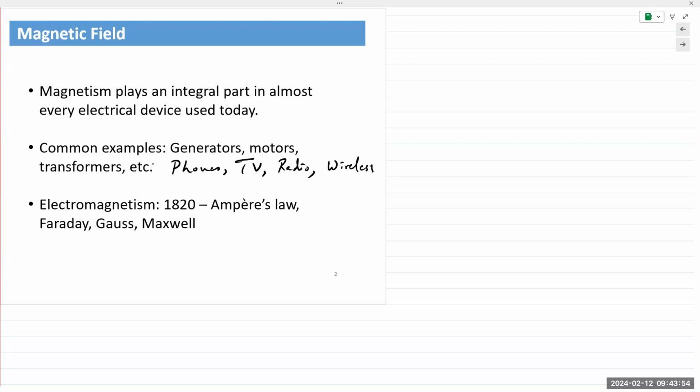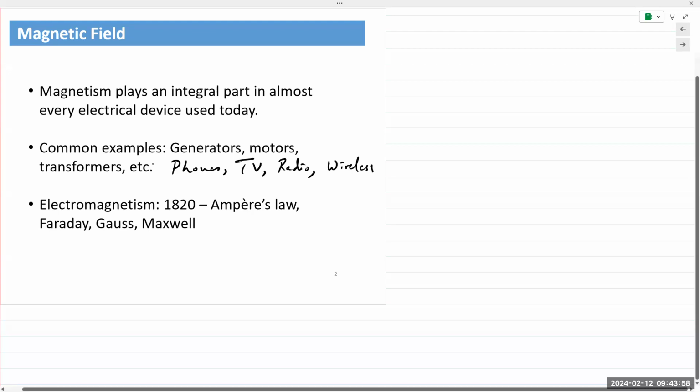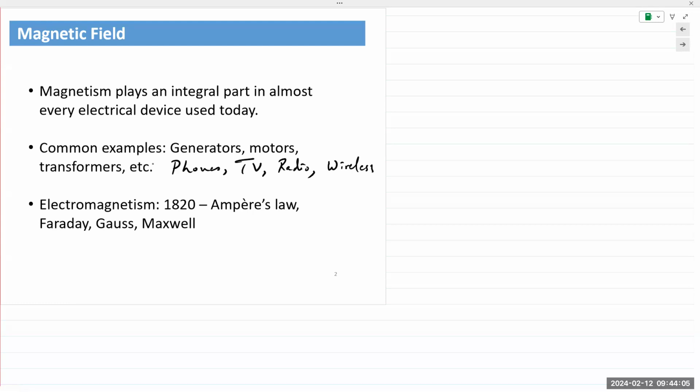Research on this has been going on for centuries. But around the early 1800s, a French physicist by the name of André Marie Ampère came up with what is now known as the Ampère circuital law, right? Describing electromagnetism.